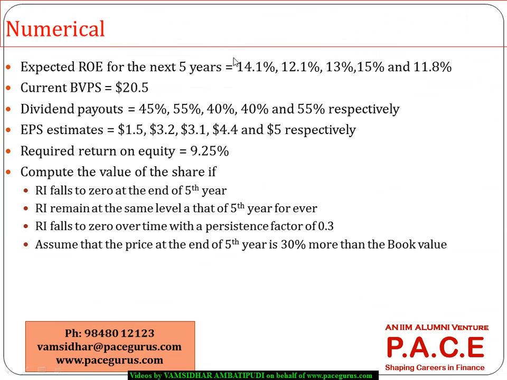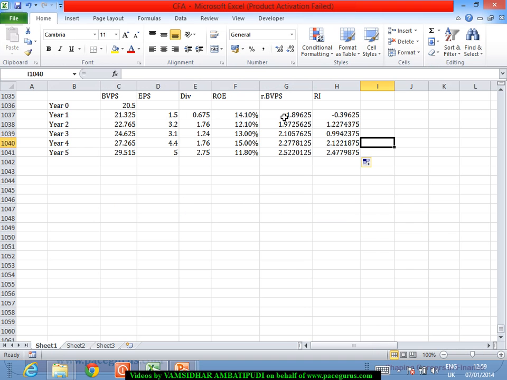In fact, in this numerical, the ROEs are actually not required. It's better that we compute the ROEs. If the EPS is given, I don't need ROE, and if the ROE is given, I don't need the EPS. So probably let's stick to one of them.